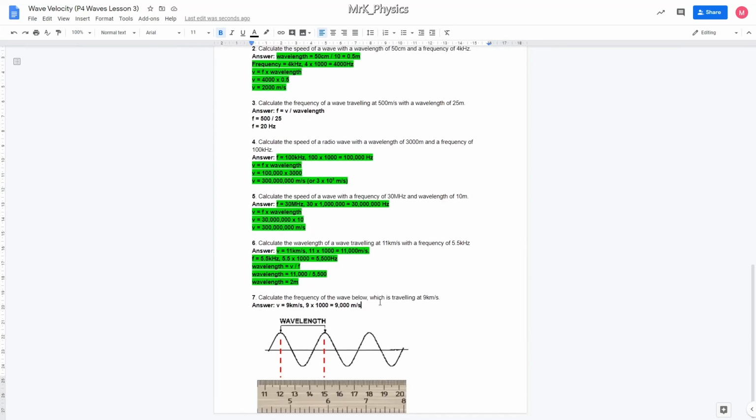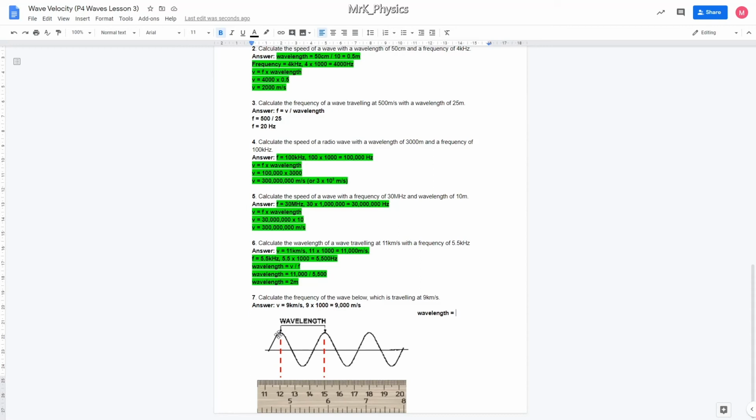So that's all good, but now we've got to work out the wavelength, and that's a little bit more tricky this time. So the wavelength from this image, fortunately you don't have to try and measure it with your own ruler, use the one on here. The wavelength, remember, is going to be the distance from one point on a wave to the same point on the next wave.